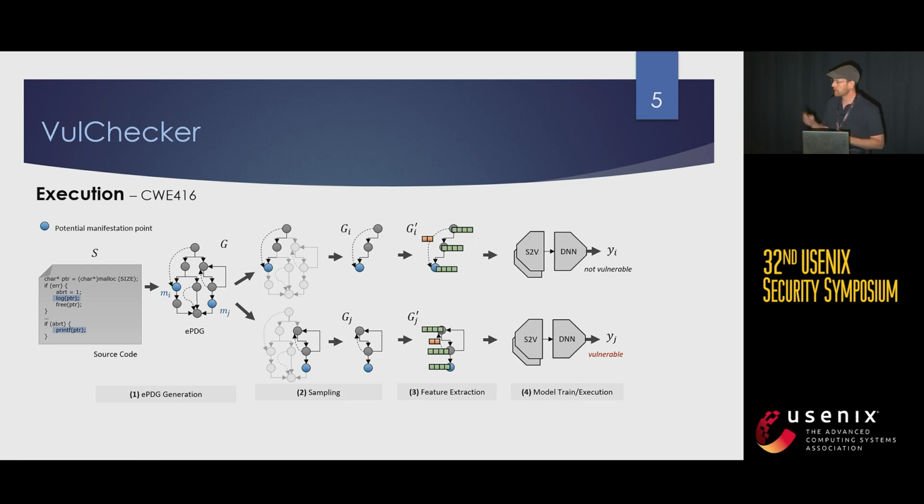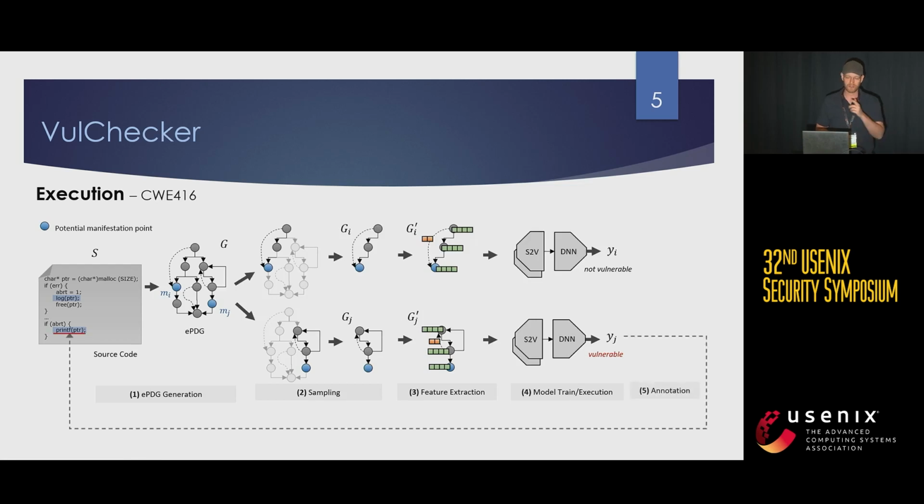In our case, we use structure2vec. Once the model says yes, this subgraph is vulnerable, we can look at debugger symbols that we have embedded in our graph, trace that all the way back to the source code, and highlight that for the user. Now I'm going to pass it over to my colleague, who is going to talk about how we bring the source code down to a lower representation and the first several stages after that.